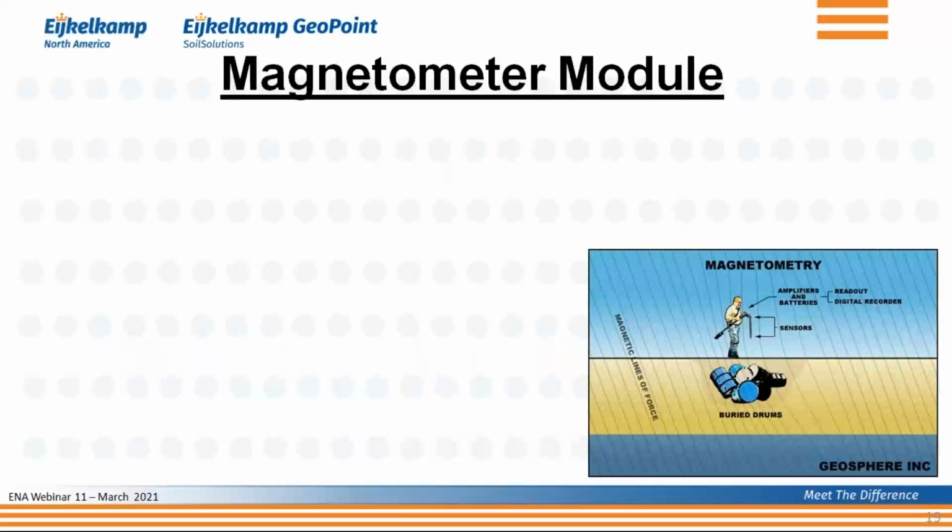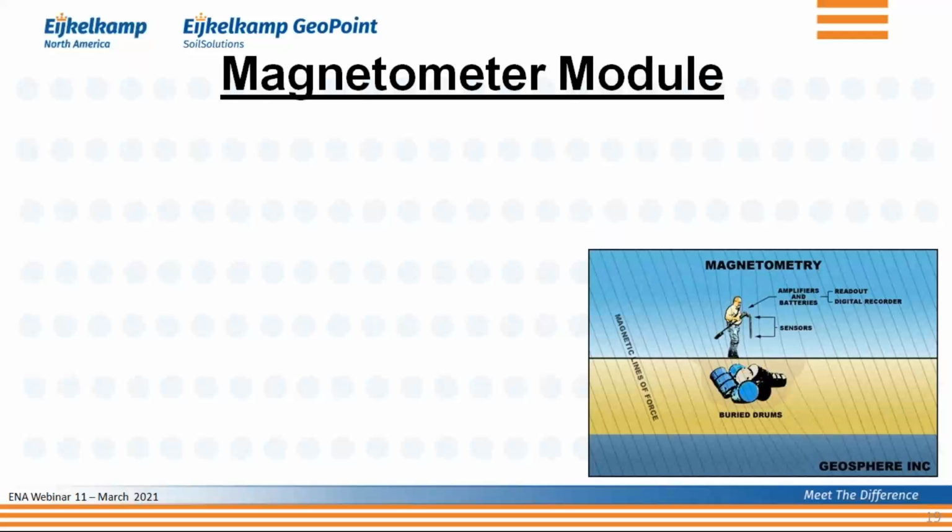The second one that I want to talk about is the magnetometer module. What you can do with it is basically illustrated in the little figure that I pulled off the internet on the bottom right. Anywhere around the world, you have a magnetic field, and those magnetic fields are in standardized orientation.